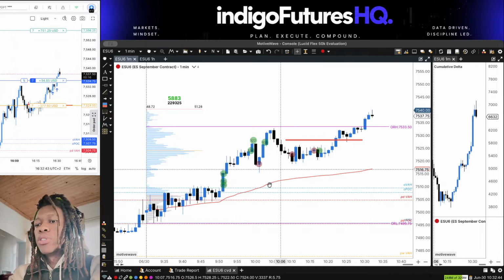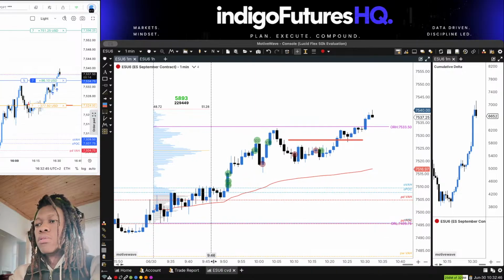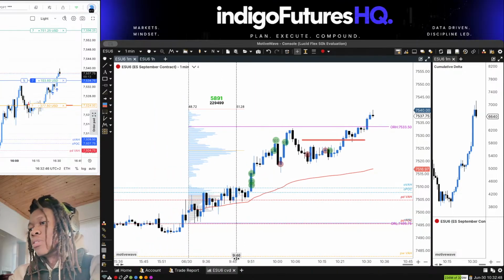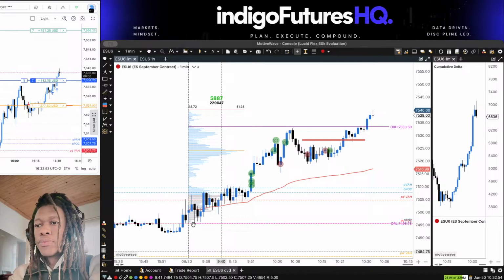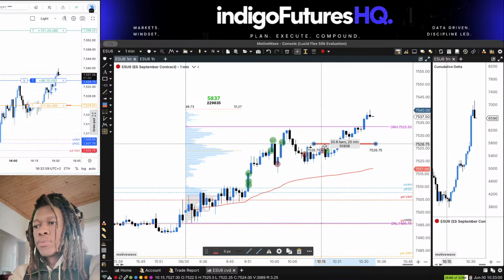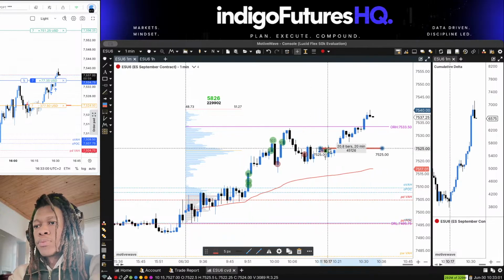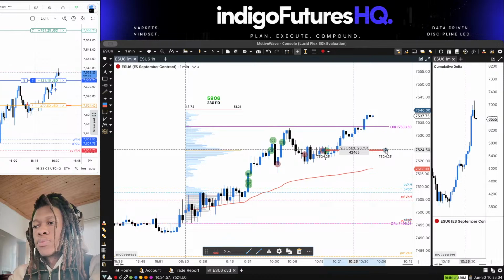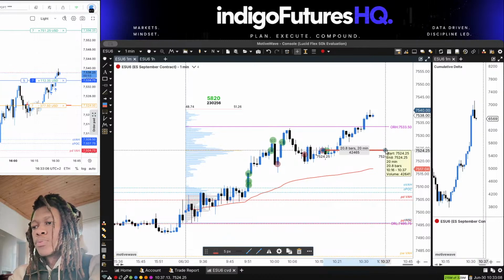And we should be good though. This is our structural invalidation point.